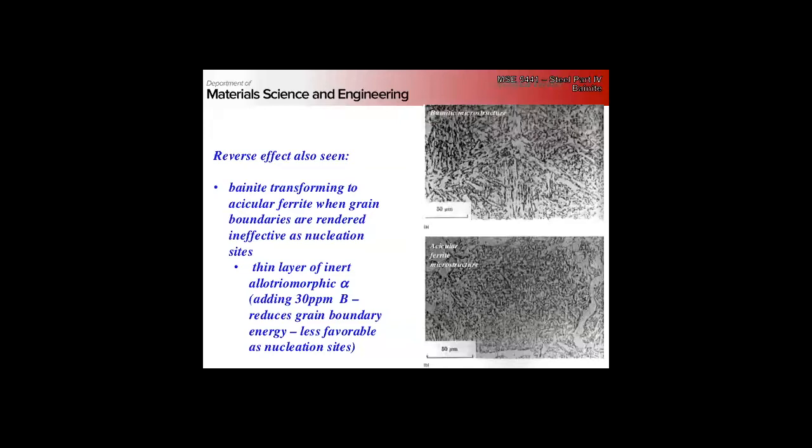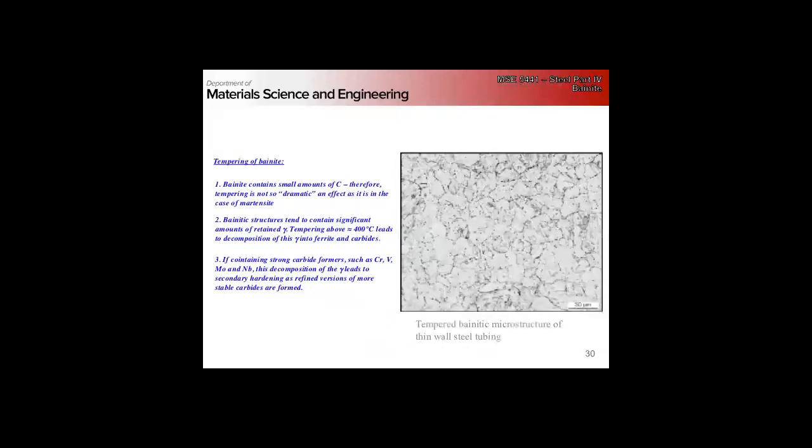Drastically reduces the grain boundary energy, which means we have less favorable nucleation sites for bainite. We'll grow acicular ferrite rather than upper bainite, right? Okay, and so much like martensite, right? Bainite is.